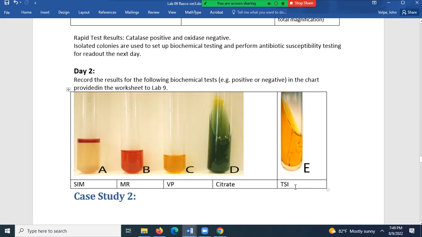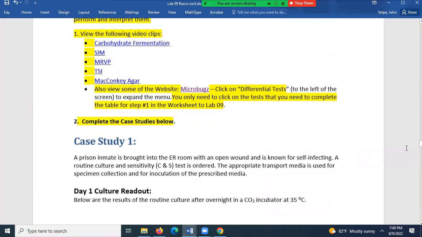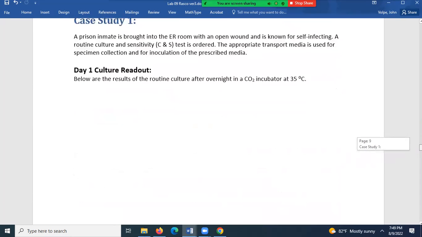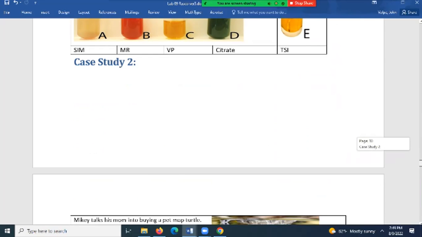So get your results for these tests and then identify the species that's causing case study 1 in this prison inmate with the wound infection. Any questions about that? Then read case study 2.